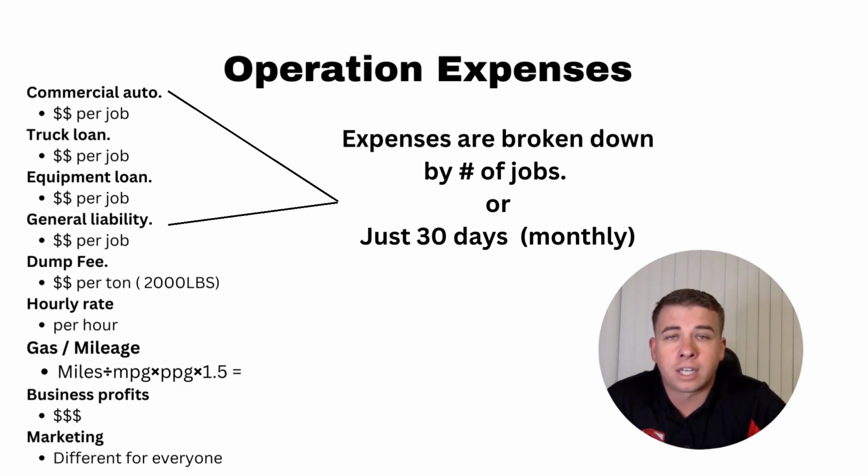Gas and mileage, I do it super simple. The miles, now remember this, it's from the yard to the job, to the landfill, back to the yard. That total mileage is what you need to incorporate. So the total mileage, and then your miles per gallon, which everybody's pretty much at 10 miles per gallon, and then your price per gallon.